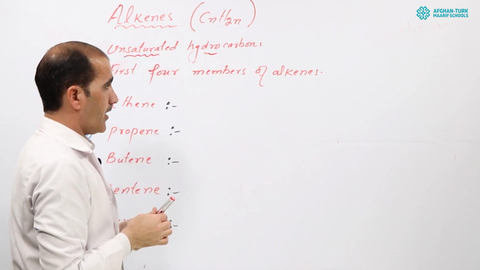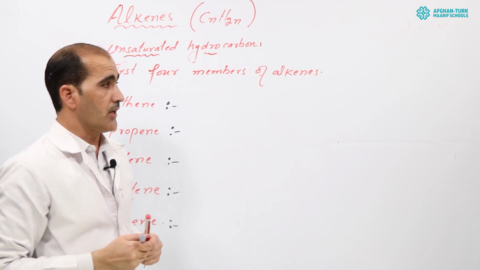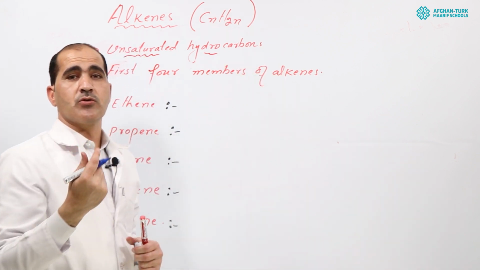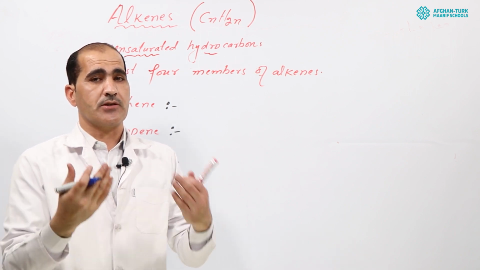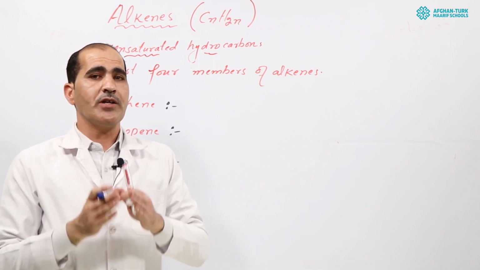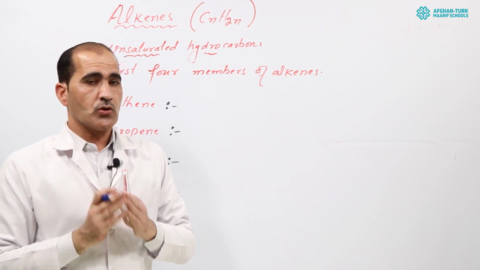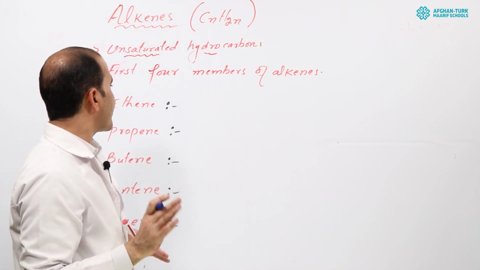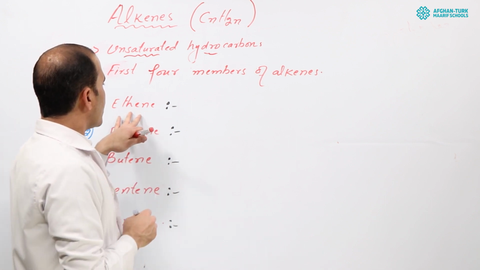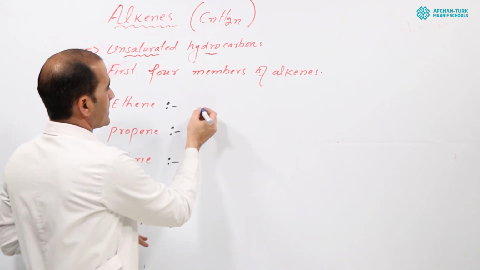Because of the double bond between carbon atoms. With one carbon, there is no chance to make a double bond. For a double bond we need two carbon atoms. That's why the first member of the alkene family is ethene.